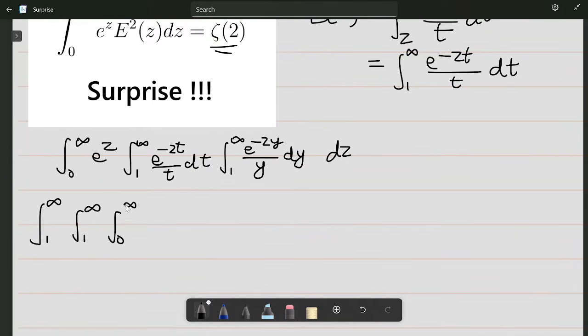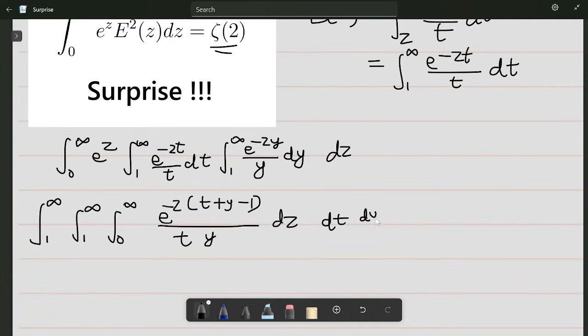The integral from 0 to infinity of e to the power minus g times (t plus y minus 1), by t times y, dg dt dy.